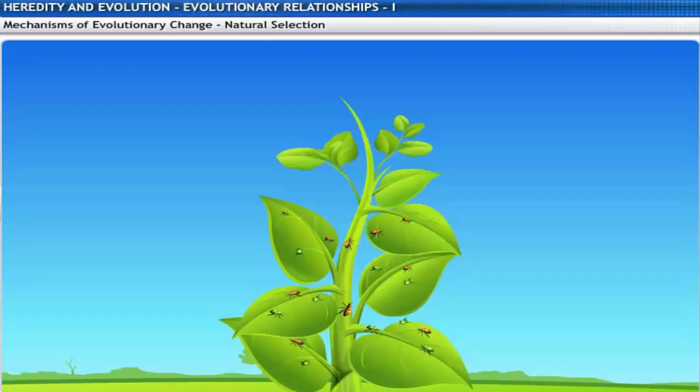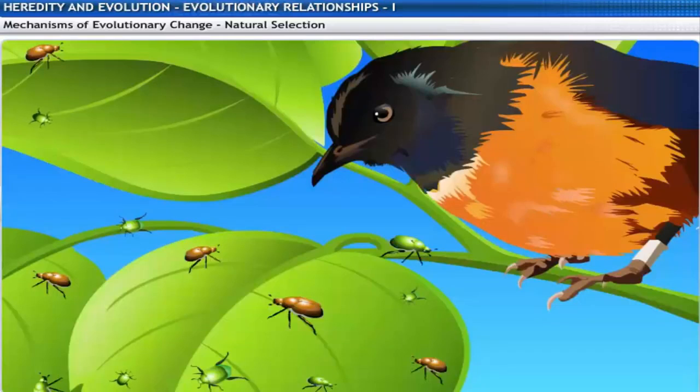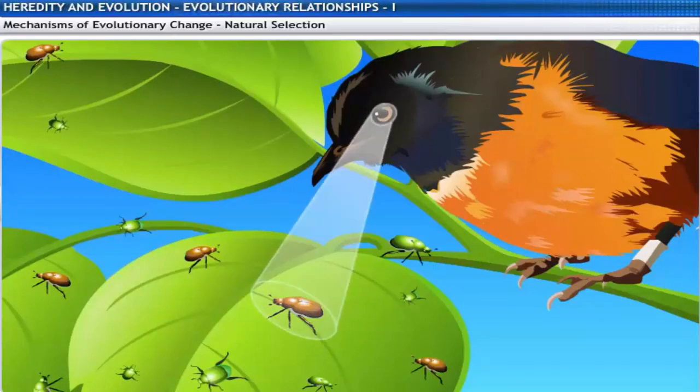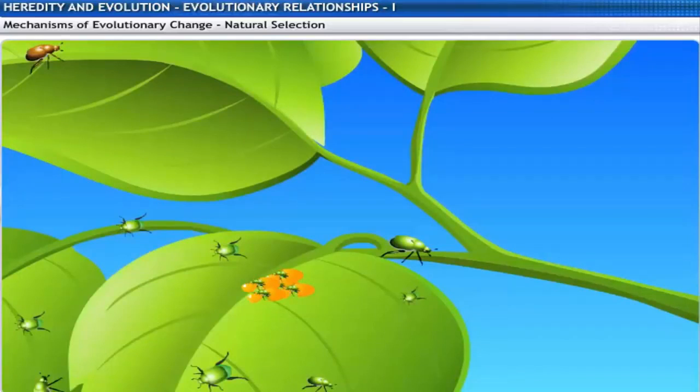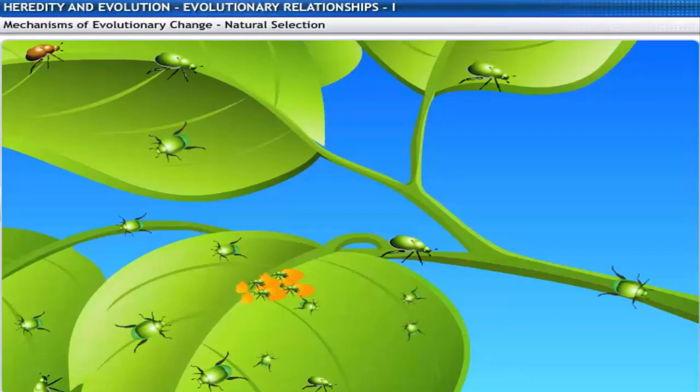A population of green and brown beetles is crawling on the leaves of a bush when a bird appears. Brown beetles are more visible on the bushes than green beetles, so the bird is more likely to feed on them. Green beetles, which are likely to survive, will bear the responsibility of producing the offspring.